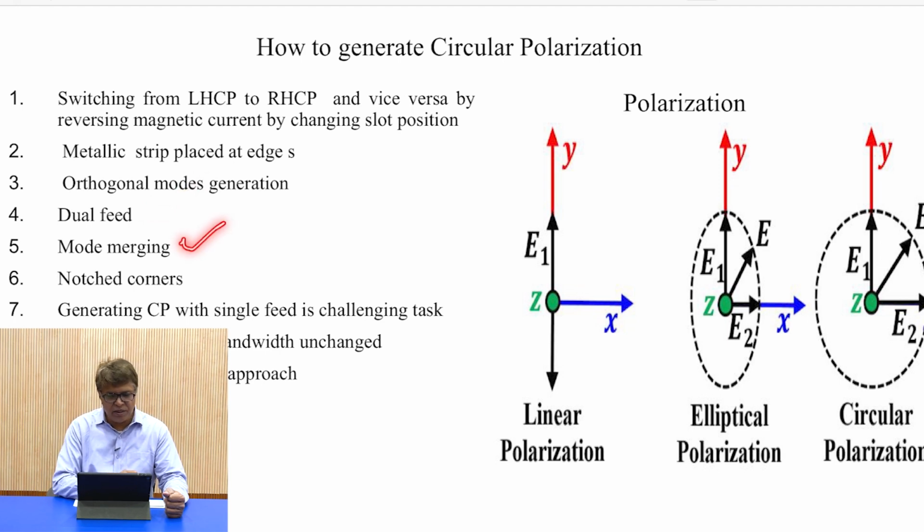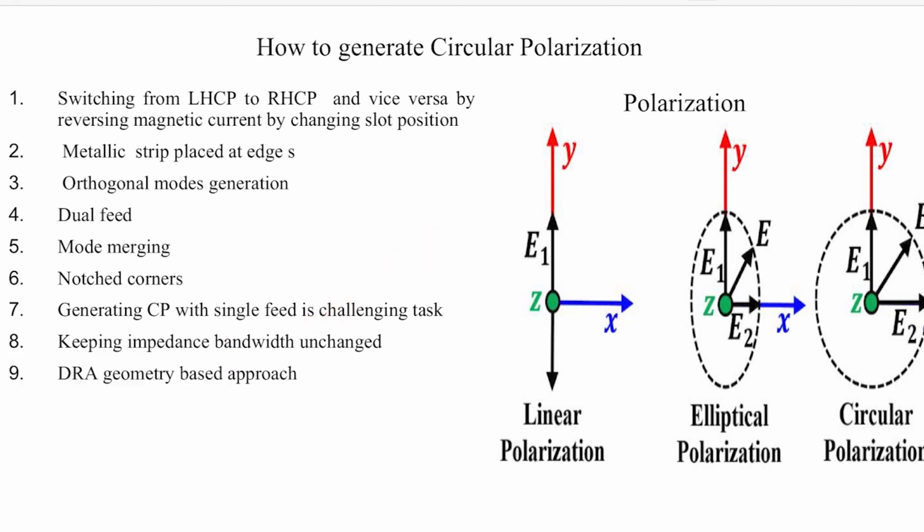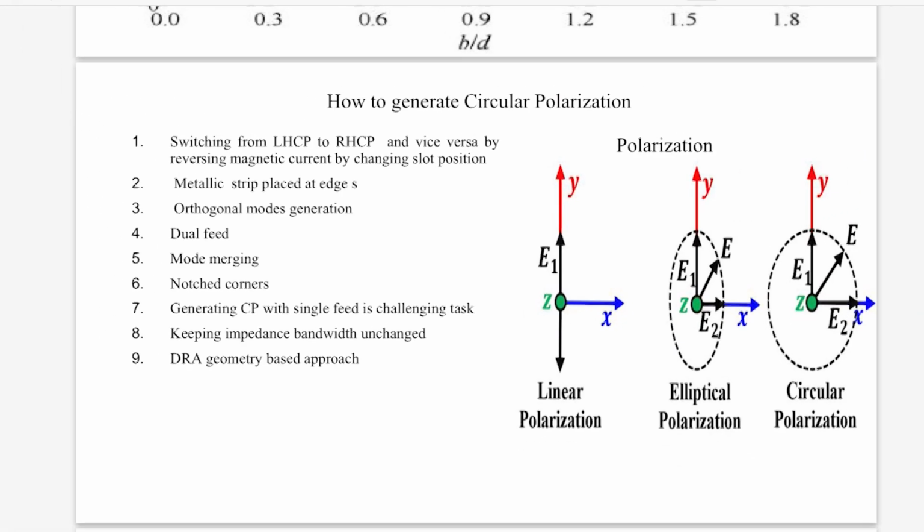Mode merging is also one technique. Nosed corners is another technique. Generating CP with a single feed is a really challenging task, but we have obtained this also. Keeping impedance bandwidth unchanged while getting circular polarization is very essential. A DRA geometry based approach, we will see this also. So, this is how we can get circular polarization.